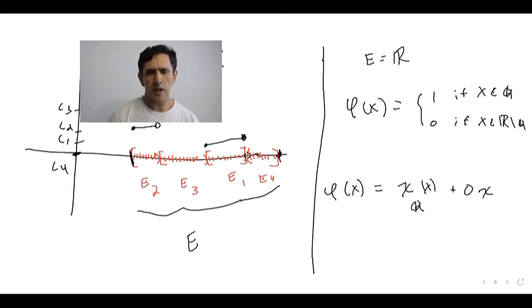It is sometimes a bit silly to write out the 0 part for your canonical representation, so you don't have to really do that. This is really just a characteristic function of the rationals here.